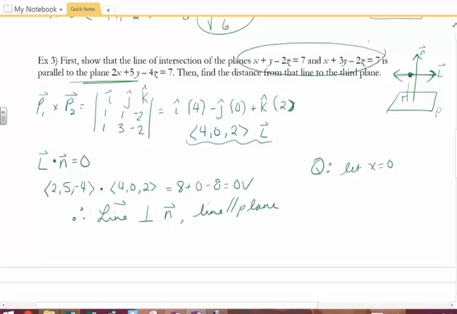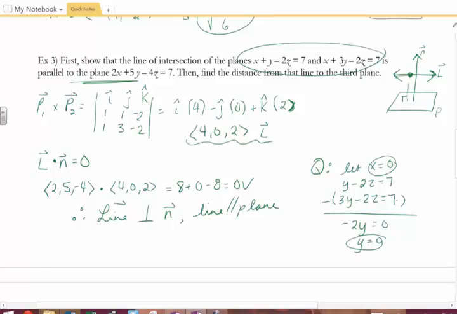So if I let x equal 0, I have y minus 2z equals 7 and 3y minus 2z equals 7. I'm going to subtract these. I'm going to get negative 2y equals 0, so y equals 0.